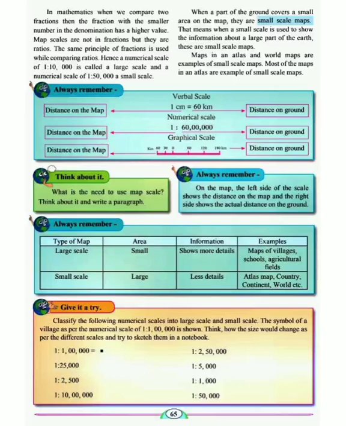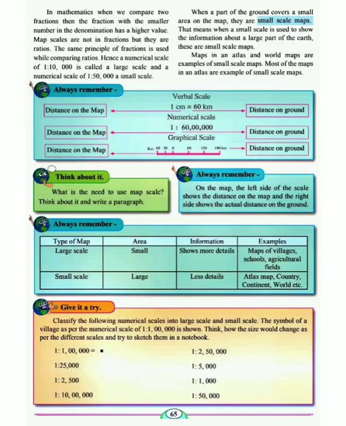Then the second is information: what kind of information do they give you, do they show you more details or fewer details. What are examples of such maps? Maps of a village, school, agriculture field, or sometimes an atlas map, country map, etc. So all of these things you should always remember.